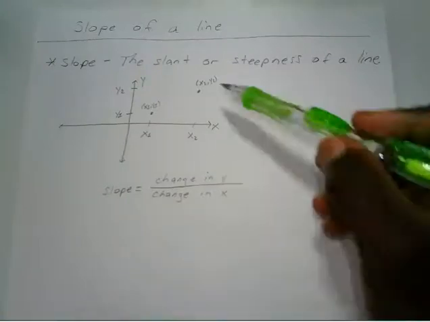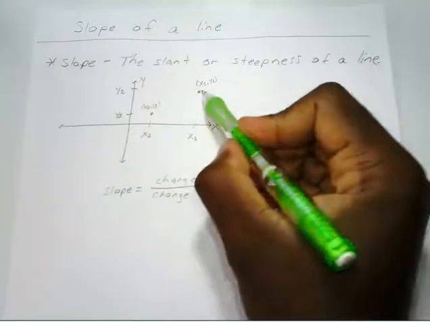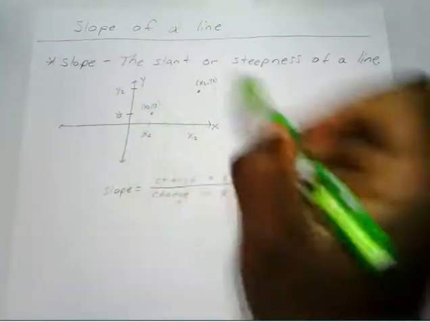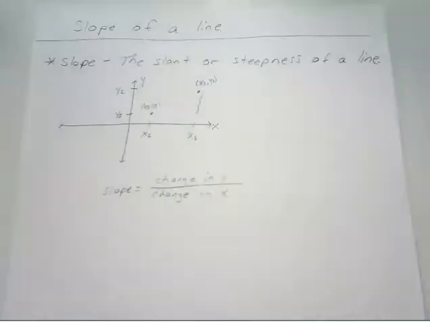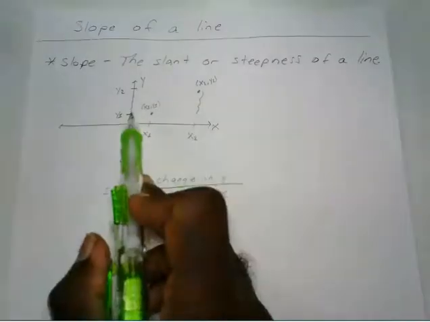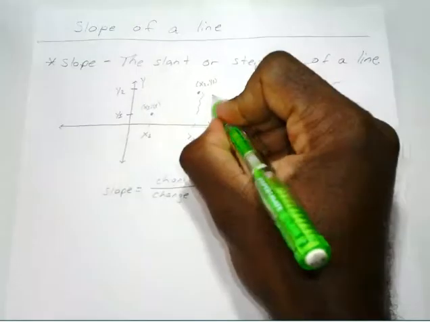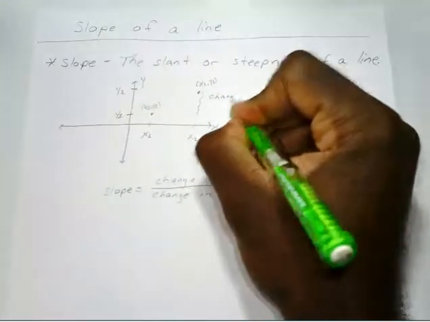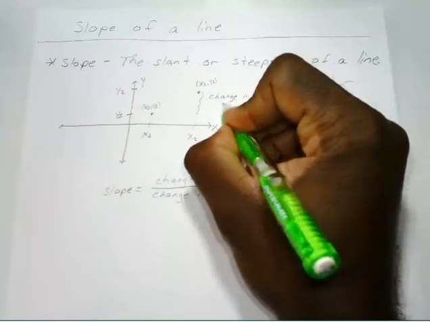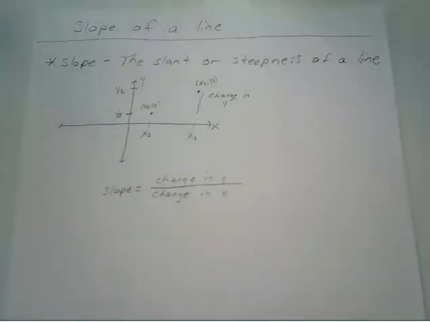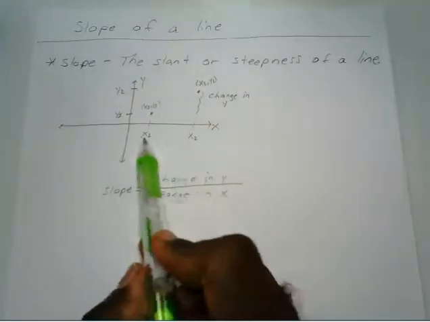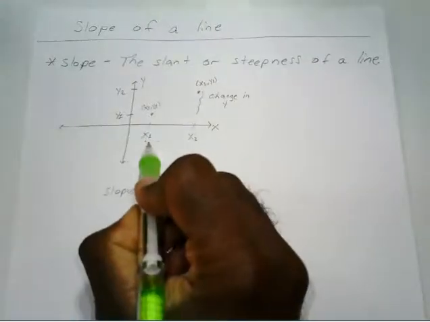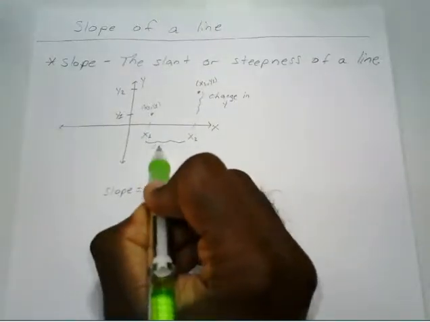To find your change in your y value, you have y2 and y1, which you can just put right there, since that's your y1 and that's your y2. That's your change in your y value. Now your x1 and x2, that's your change in your x value.